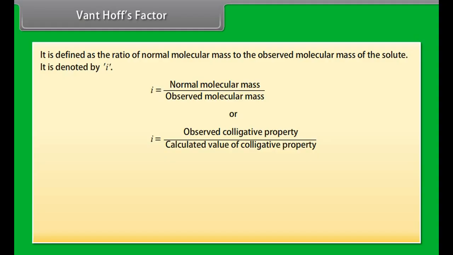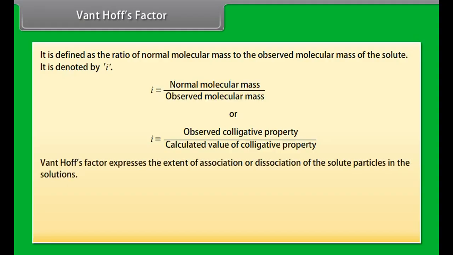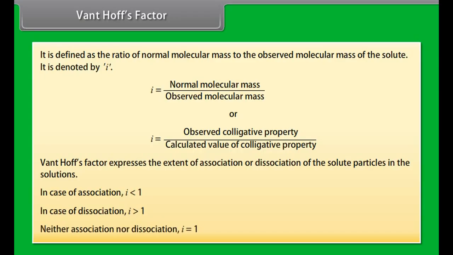Van't Hoff's factor expresses the extent of association or dissociation of the solute particles in the solutions. In case of association, i is less than 1. In case of dissociation, i is greater than 1. With neither association nor dissociation, i is equal to 1.